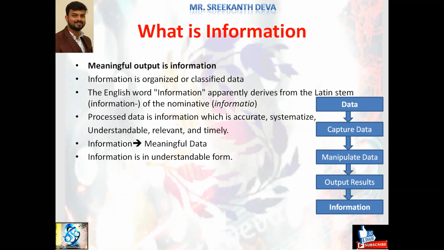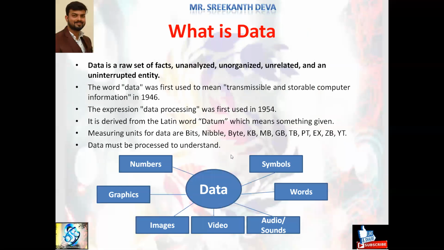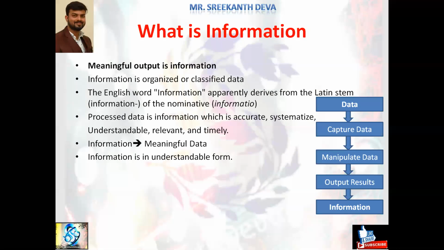That is nothing but data. After getting the data, the processor internally captures the data and performs some manipulation and operations, generating some output result. That is called information. So this is the difference between data and information.